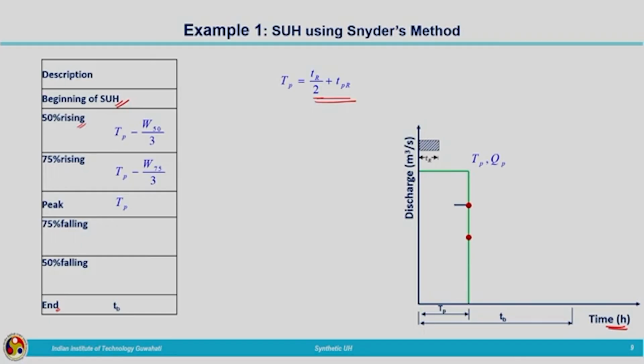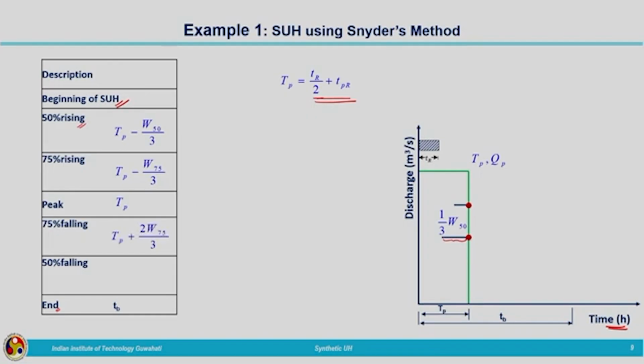So, the time corresponding to 50% rising is TP minus W50 by 3. So, this is TP minus W50 divided by 3, which is equal to 1/3 of W50.